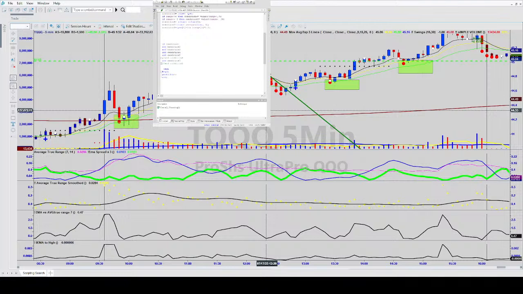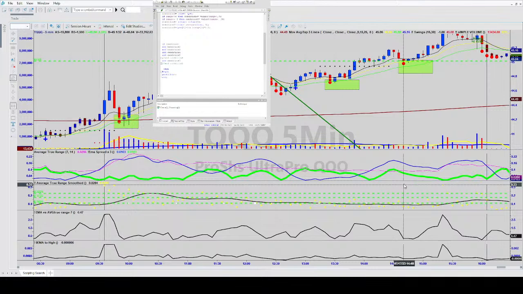All right, I could do one based on the range, just the overall range. So the range would have to be higher than a certain amount. So this range here is up here. So we could draw a horizontal line on here. And then this range here is in this region. And this range here is in this region, which is a little bit lower.